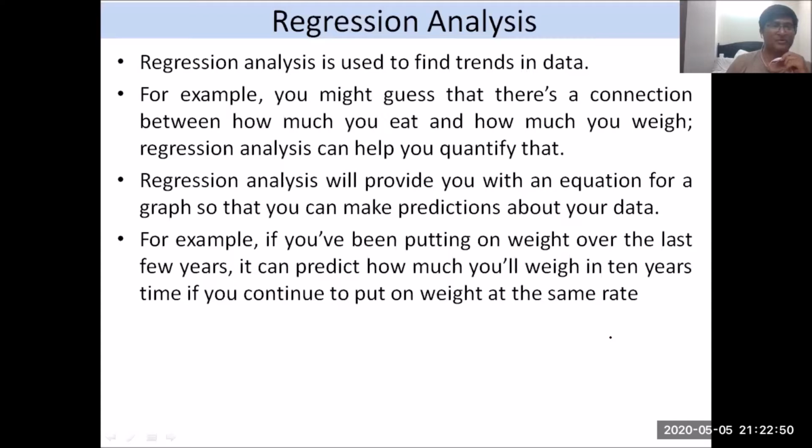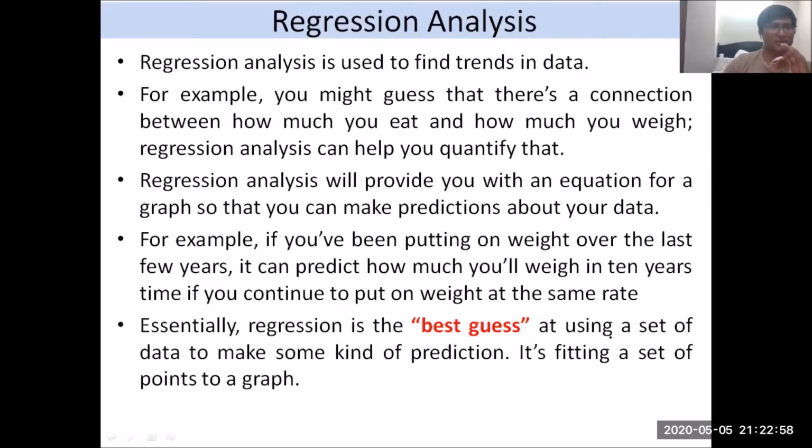This kind of trend analysis, this kind of prediction, can be done through regression analysis. Essentially, regression makes a best guess, using a set of data, to make predictions. So it is basically fitting a set of values on a graph, isn't it?